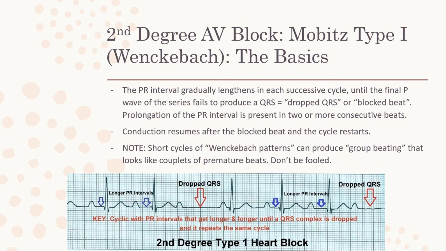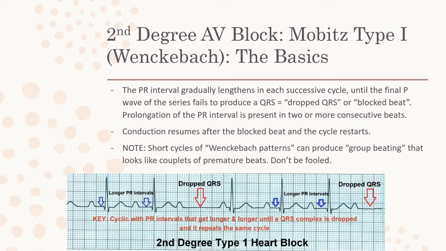If you take a look at this very first QRS, you can see that the PR interval looks to be about 1, 2, 3, 4, 5, 6, 6.5 small blocks.